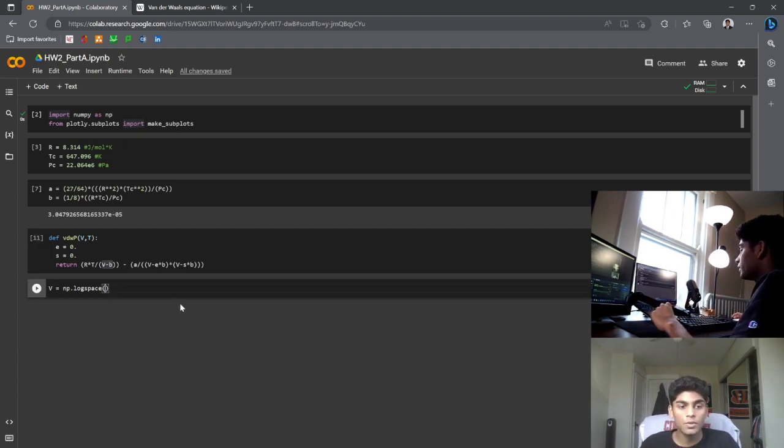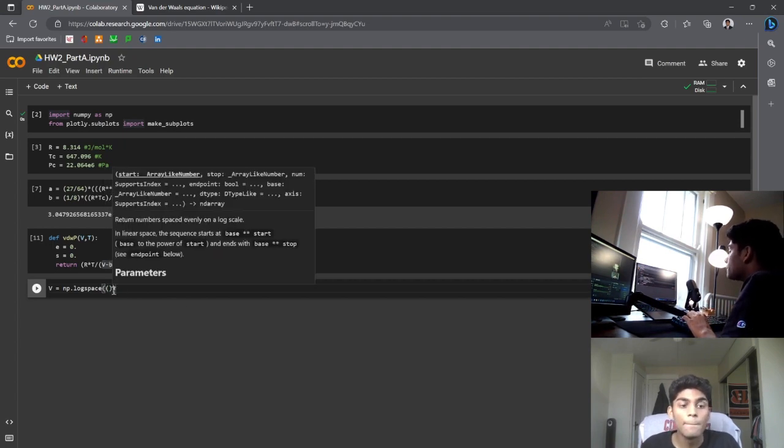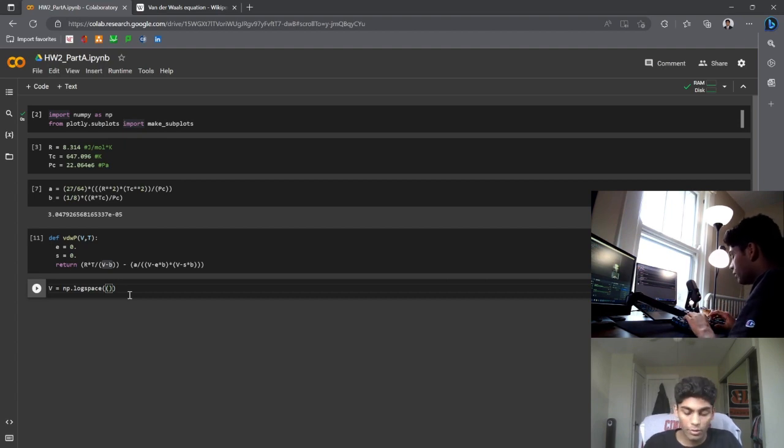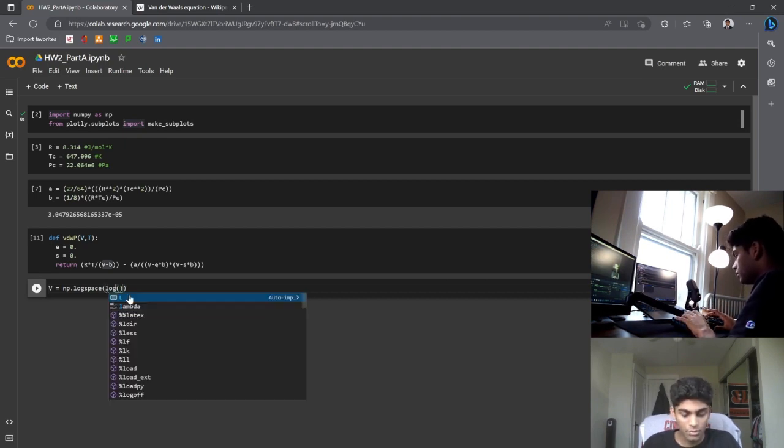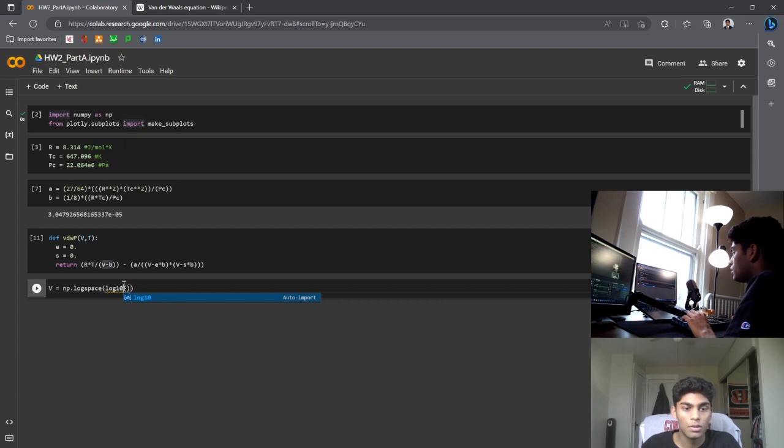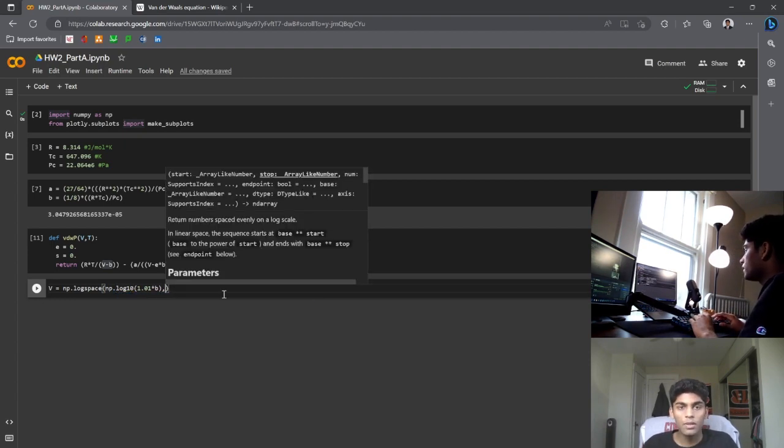So what we're going to end up doing is having that start value be log base 10 of 1.01 times b, so that we're not starting at a volume that is equal to b. Is it np dot? Yeah. Okay, cool. Now let's see, what do we want to increment?